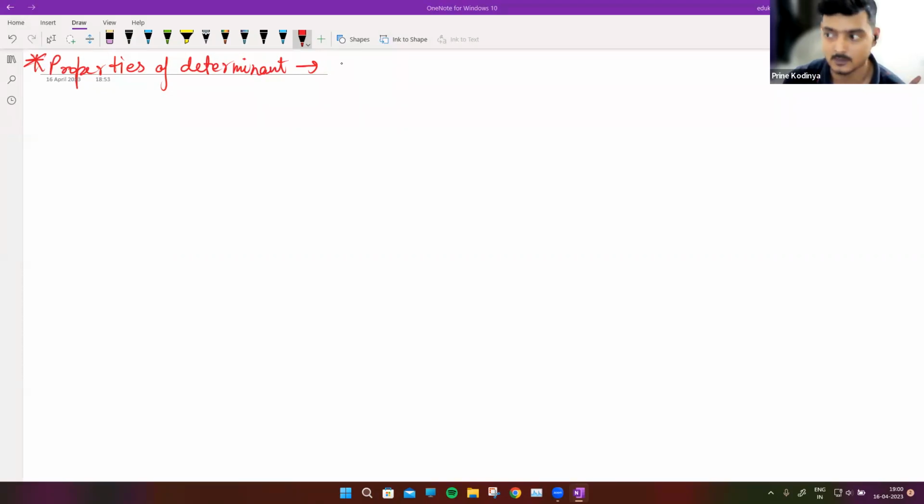eliminated from your syllabus, that is, elementary row transformation or elementary column transformation. But invertible matrices are there, and also that proof of uniqueness of inverse can be asked, right? So these two things we will have to cover.